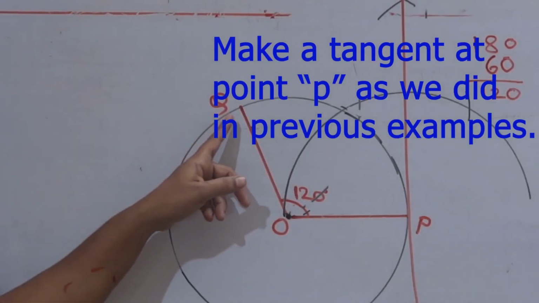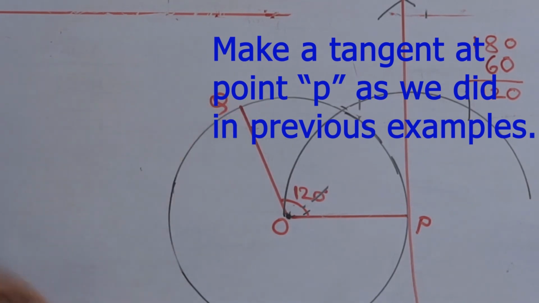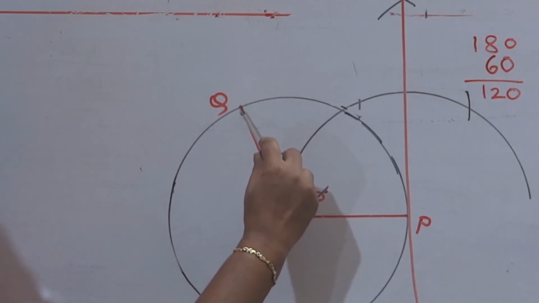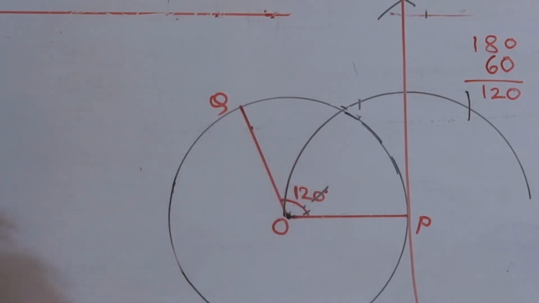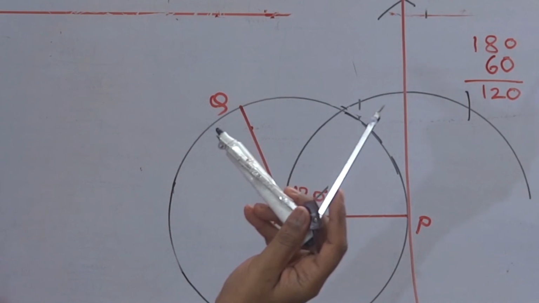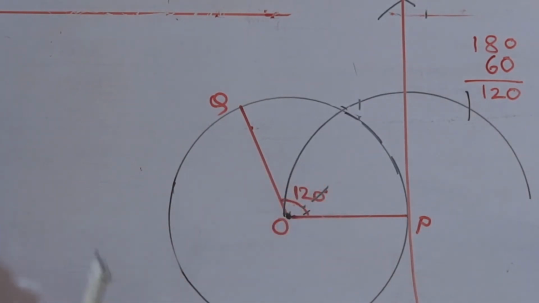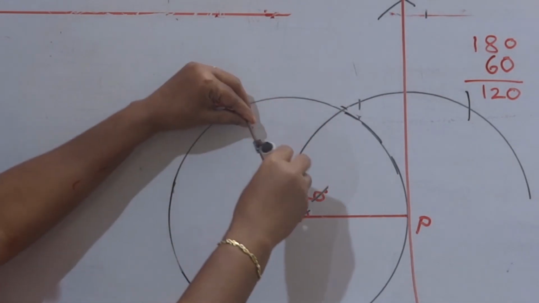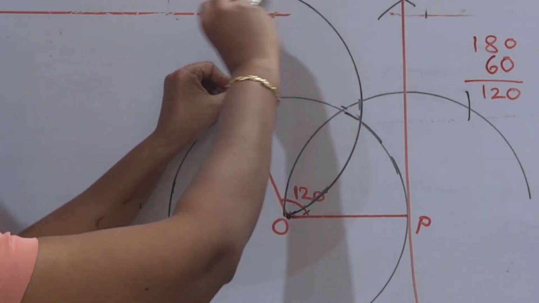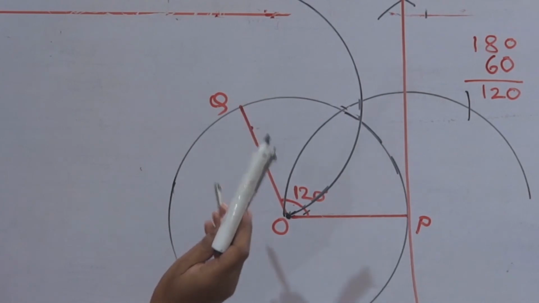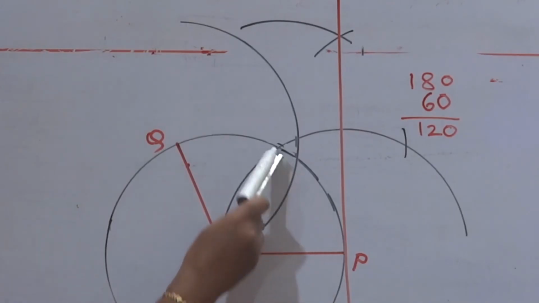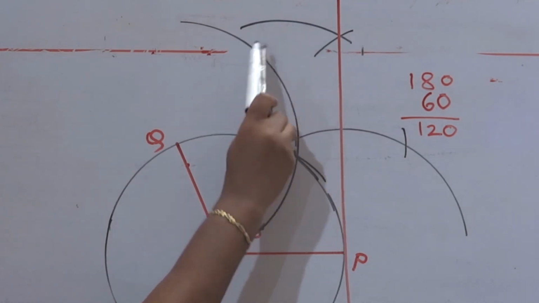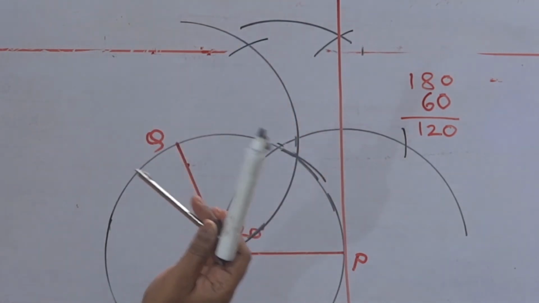To create a tangent at point Q, we have to follow the same procedure, that is, take the distance between O and Q with the help of this compass. Keep the needle of the compass at point Q, make a semicircle. Now, keeping the needle at center O, make two arcs without disturbing this compass.